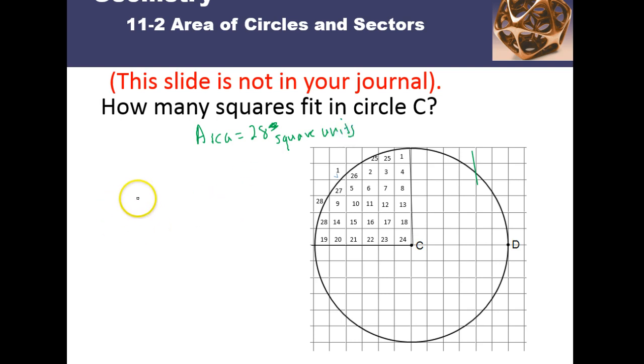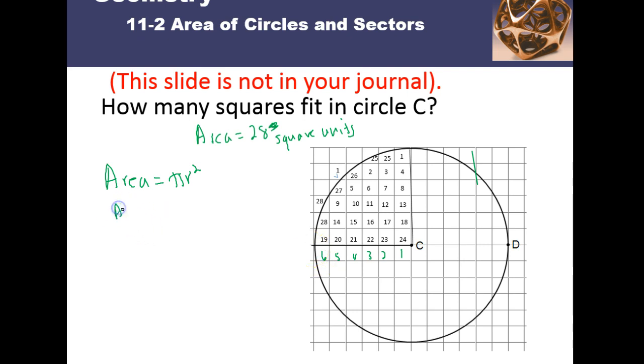Okay, now we haven't really talked about this, but the area of a circle, remember circumference was d pi or 2 pi r. Area is pi r squared. So if I look at this, the radius is 1, 2, 3, 4, 5, 6. So my radius is actually 6.